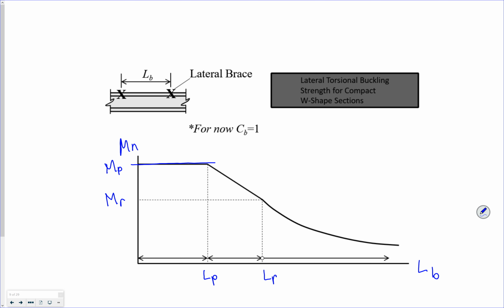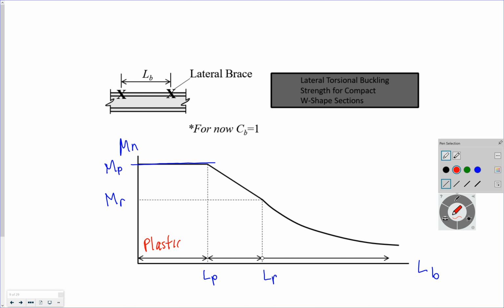All right, this all looks kind of familiar, talking about local buckling and lateral torsional buckling. You look at limits, a limiting width to thickness ratio or a limiting length. If my length is less than LP, I have plastic yielding.